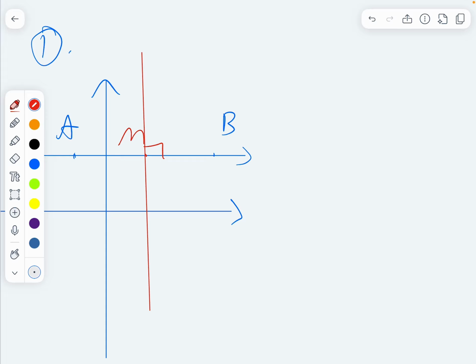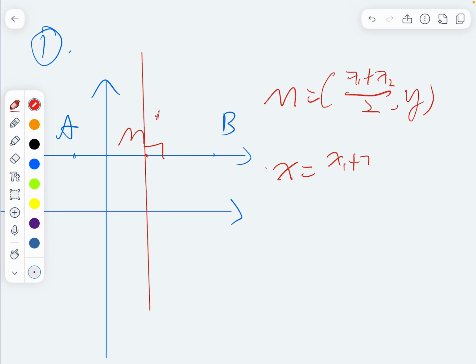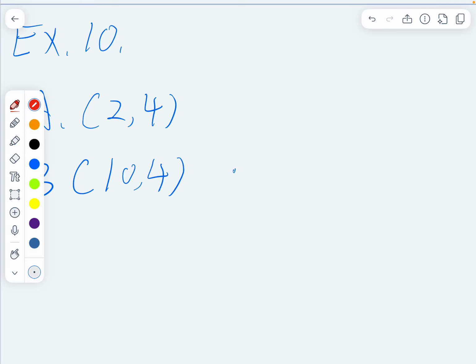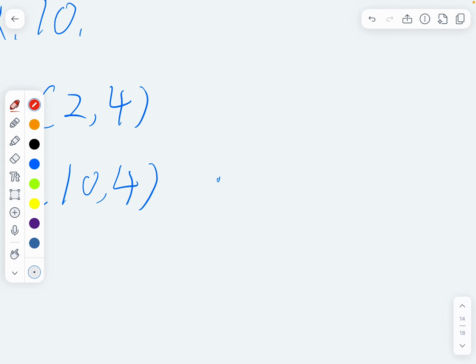That will be easy, right? We just need to find the midpoint M, because for a horizontal line the y values are equal. So the line is x equals (x1 plus x2) over 2. Let's solve an example.